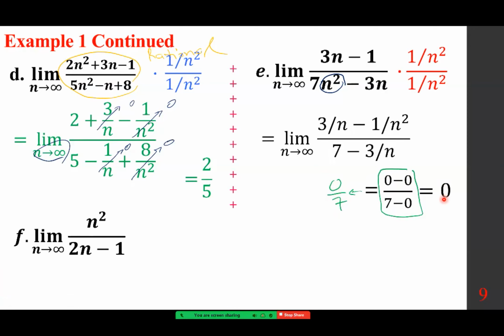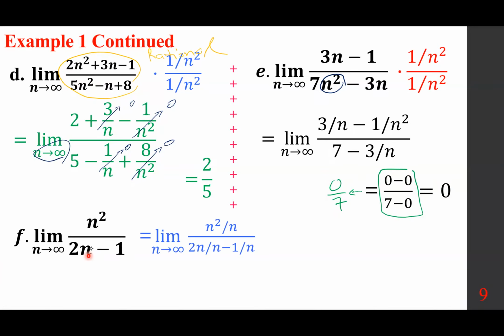The last one of these, again, we divide by the highest degree term in the denominator. All of them are rational expressions, everybody. We divide by n. So what happens when we do that?